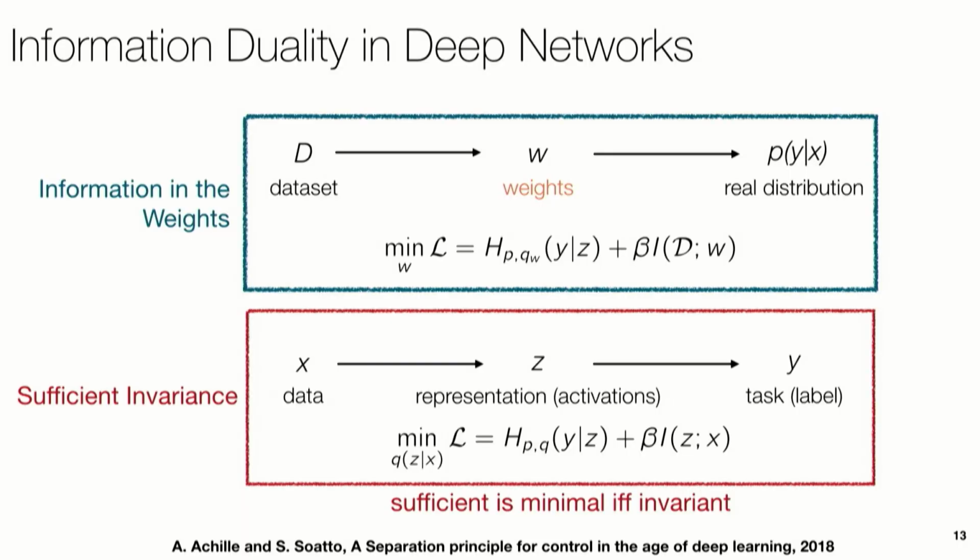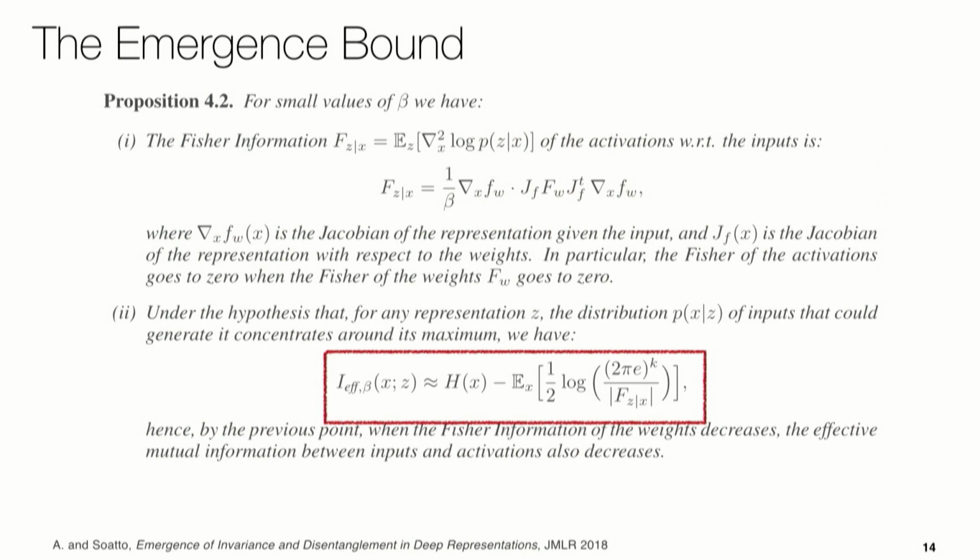And specifically, the theorem is in one of the papers. If you minimize the Fisher information of the weights, okay, which SGD does, as I'll claim in a second, then you also minimize the Fisher information of the activations, even though they are a function of test data that you haven't seen.